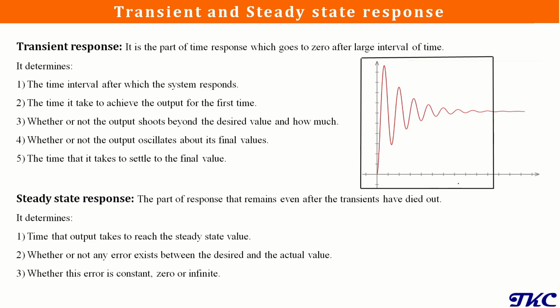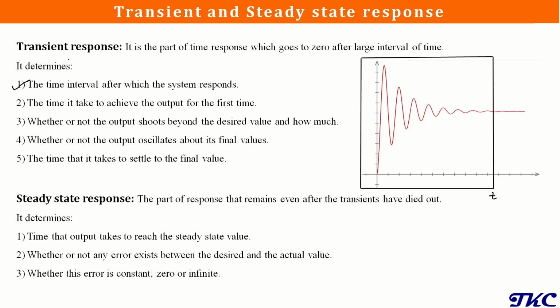We can see that after some interval of time, say here at t, it vanishes, it goes to zero, and we have a steady state response here. In this way we can define the portion of the total response which goes to zero after some interval of time. From the transient response we can extract various information about the system, like the time interval after which the system is going to respond.